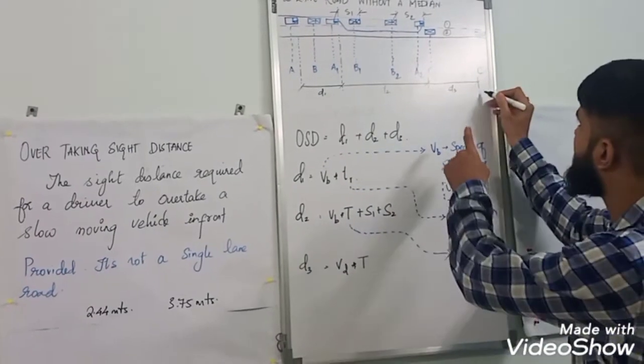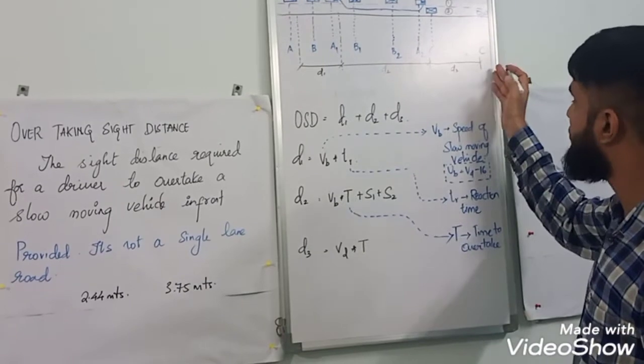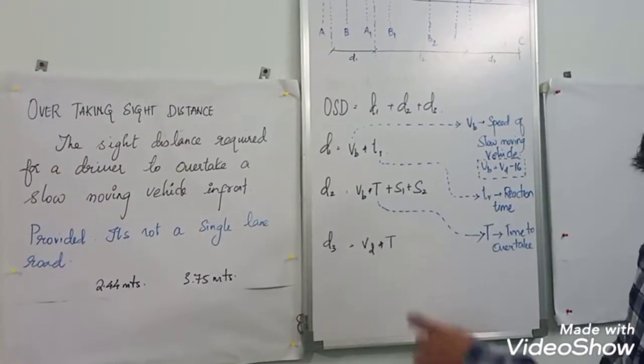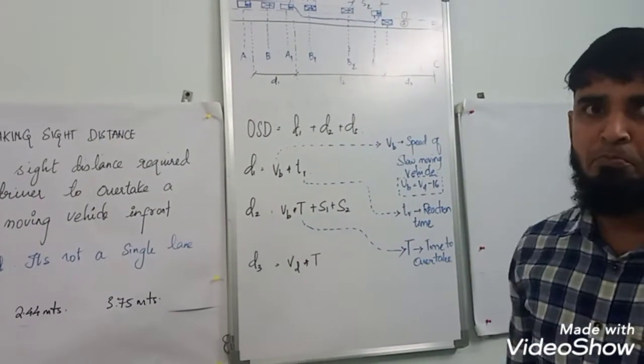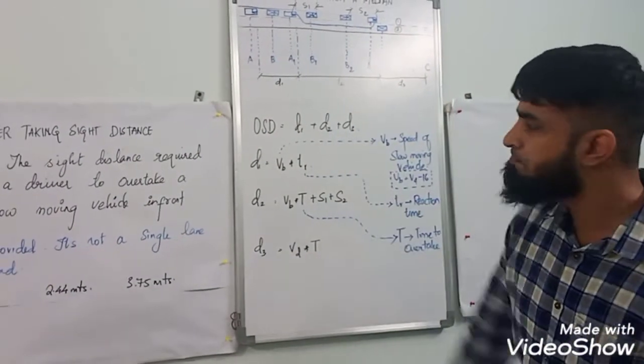So this distance of vehicle C moving from the point of appearance to the point where they both share the same plane of the front, we call it as the distance D3.